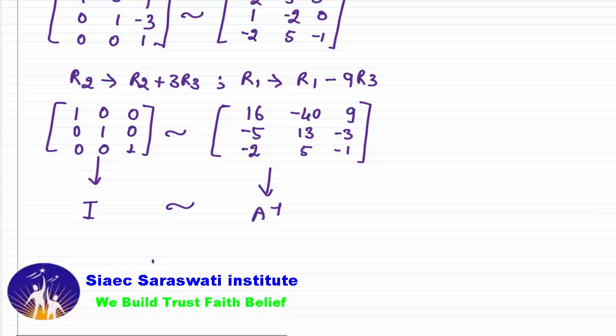So hence, we can say A inverse is equal to 16 minus 40, 9 minus 5, 13 minus 3, minus 2, 5 and minus 1. That will be the answer of the given matrix.